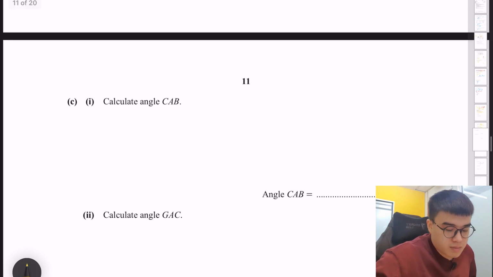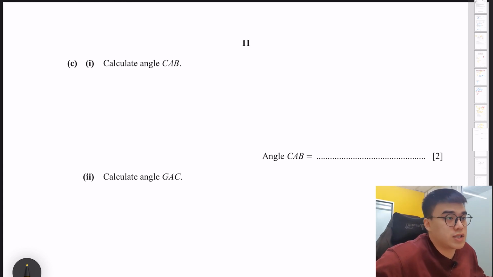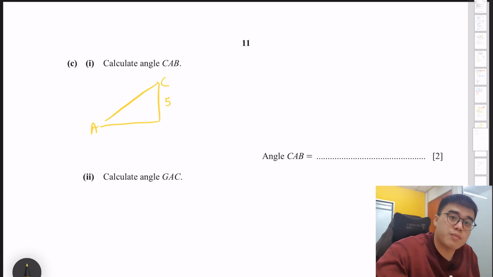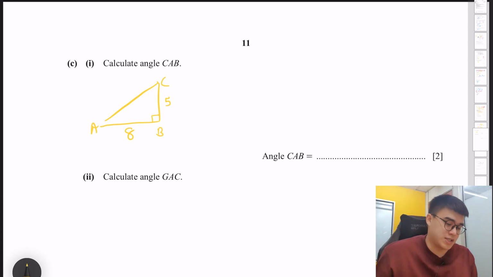Okay, that's some new proving types of question. Moving on, they wanted you to calculate angle CAB. For it to be done, we'll be focusing on the triangle that we have earlier, but this time only using the information that we already have, which is this is 8 and here is B. It's actually a right angle triangle because it's a rectangle base.